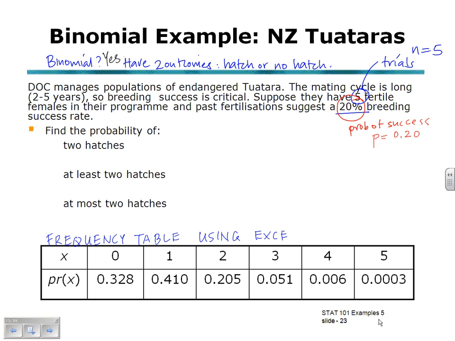Remember, with the parameters, n is 5 and p is 0.2. Our binomial random variable, remember, x is the number of successful hatches, and we have the probability associated with each of those in the table.